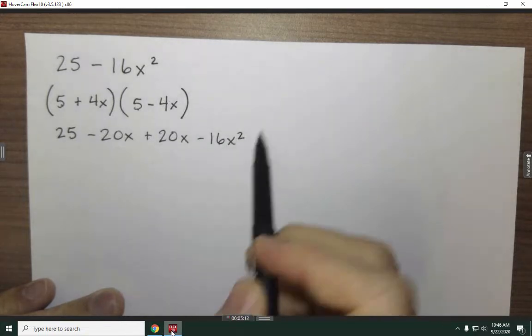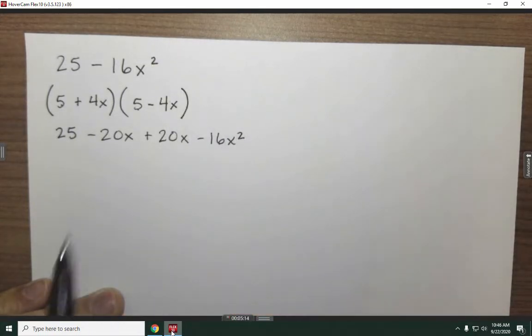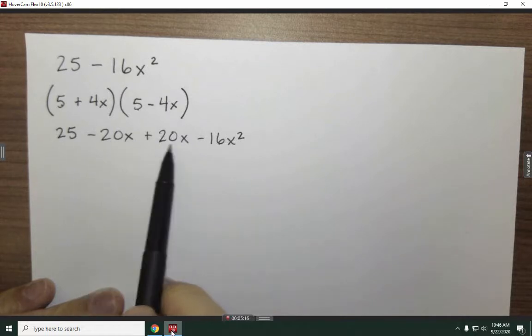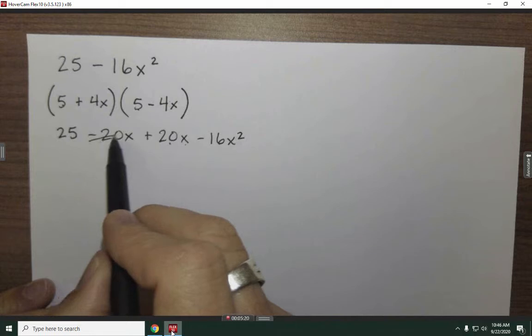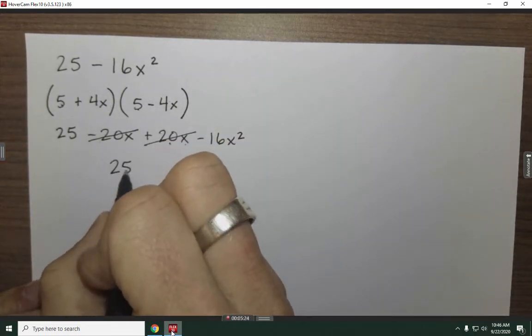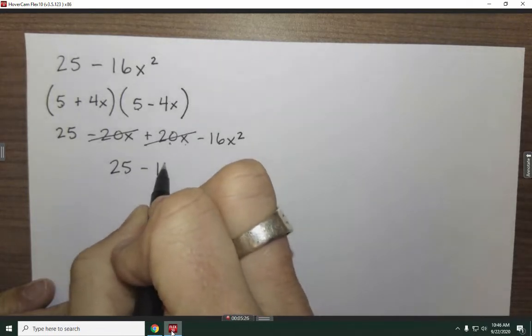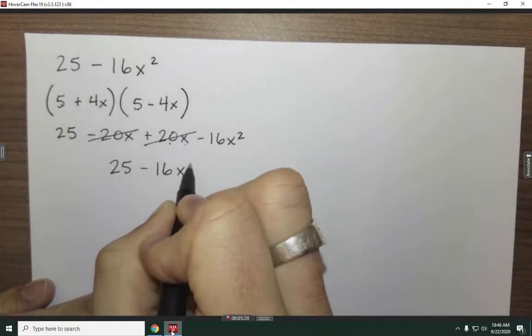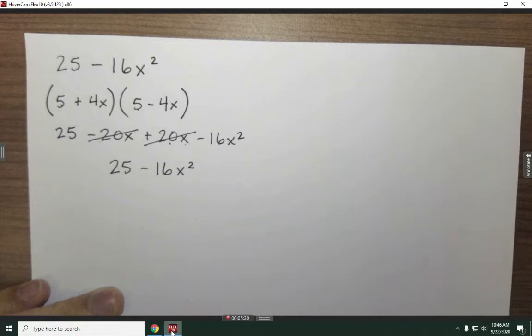That doesn't exactly look like the original just yet, but we have to simplify these middle terms. These are exact opposites, which makes each one go away. So in fact, we do end up with 25 minus 16x squared. And this scenario happens with all these differences of squares.